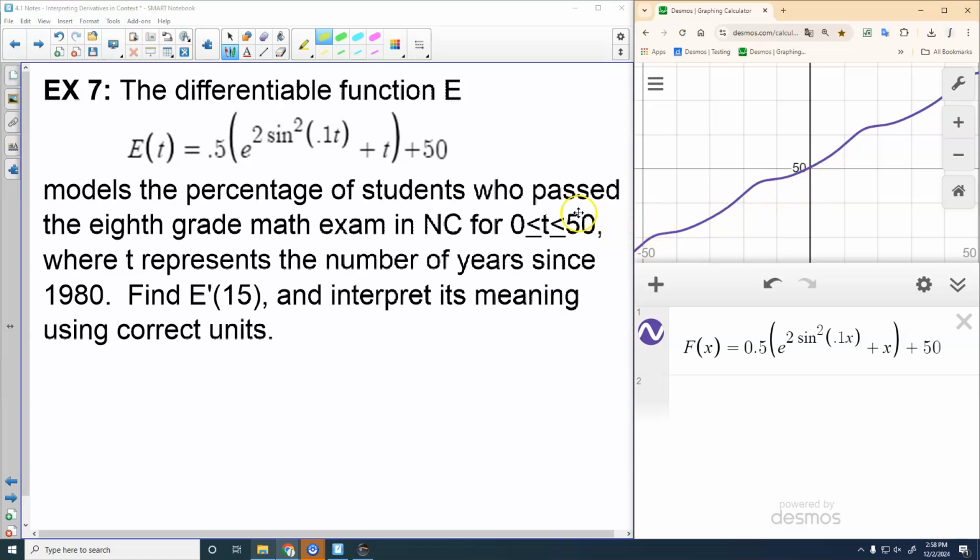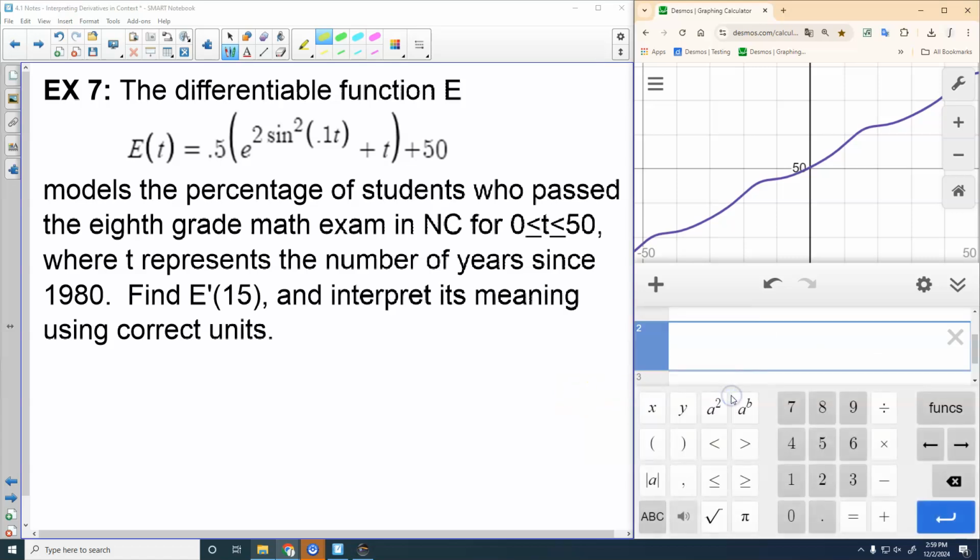All right, so this models the percentage of students who pass the 8th grade math exam in North Carolina from 0 to 50, where t represents the number of years since 1980. We're supposed to find f prime of 15 and interpret its meaning. So I call this f prime, so f prime of 15, and we get 0.603.